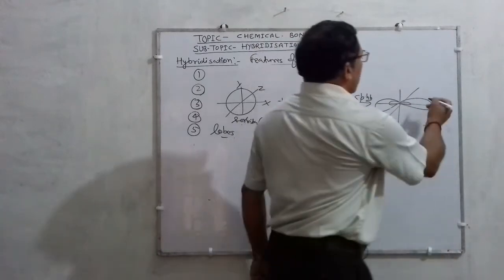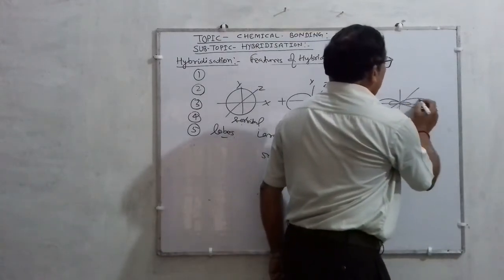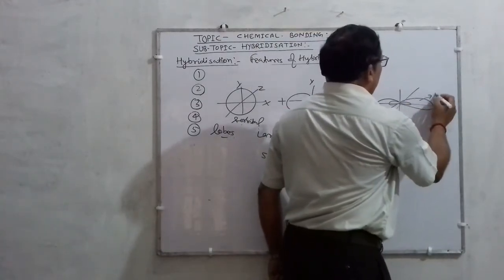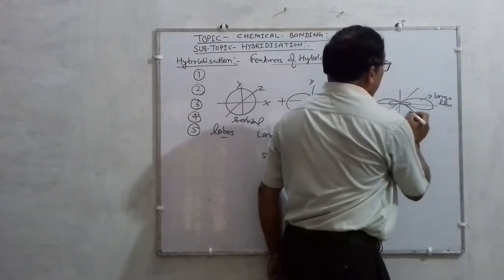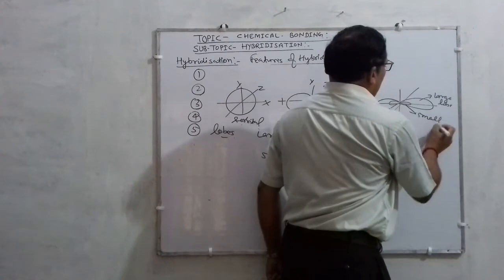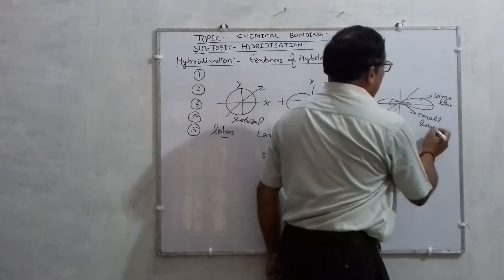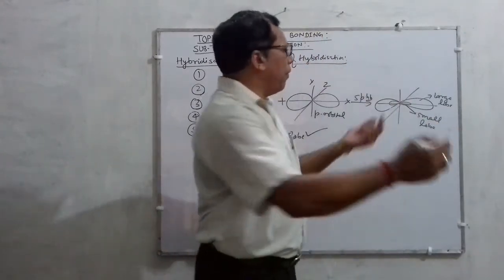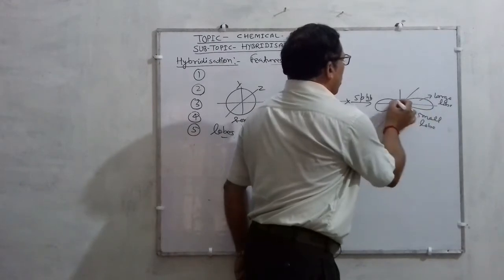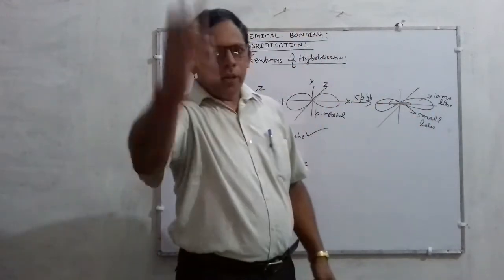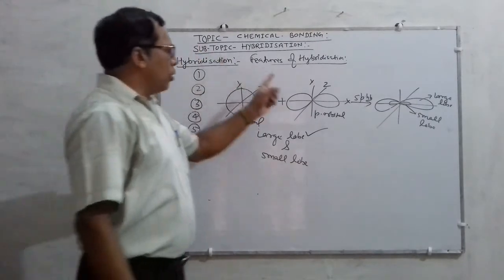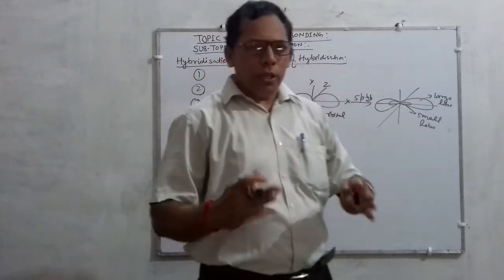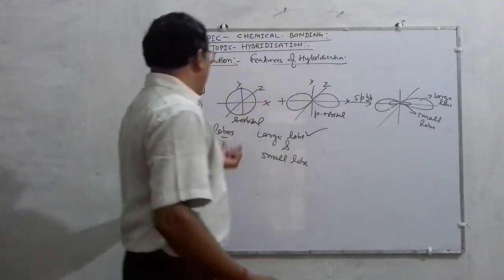So in this, this lobe is called the large lobe, and this is called the small lobe. So in bond formation, only these large lobes take part. This is the main concept of hybridization. So children, this is the definition and these are the features of hybridization.